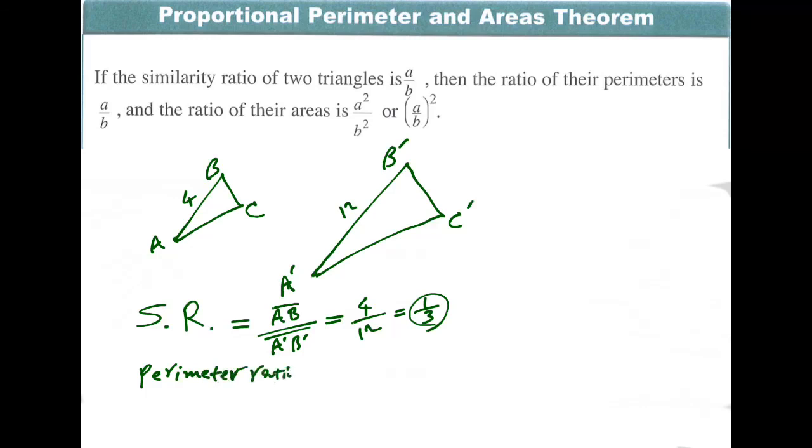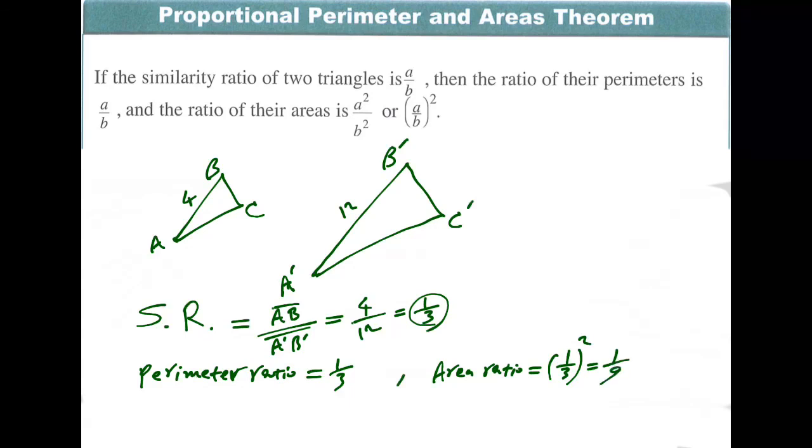Perimeter ratio is the same number, 1 over 3, and the area ratio is 1 over 3 squared, which is 1 over 9. So if I find the area of this one and the area of this one and divide them, the answer will be 1 over 9. That's all that this theorem tells us.